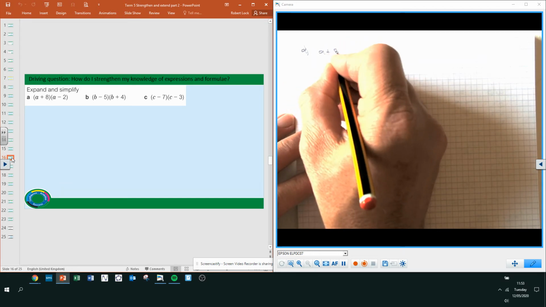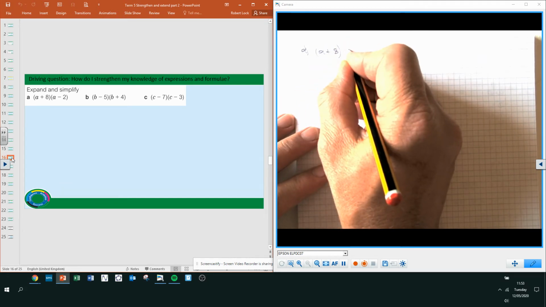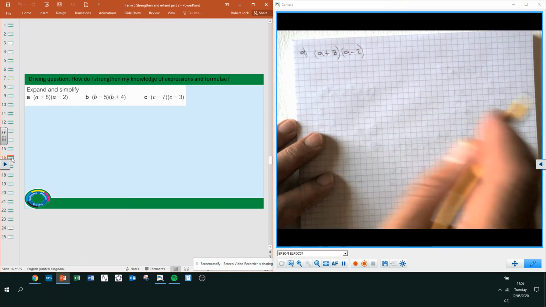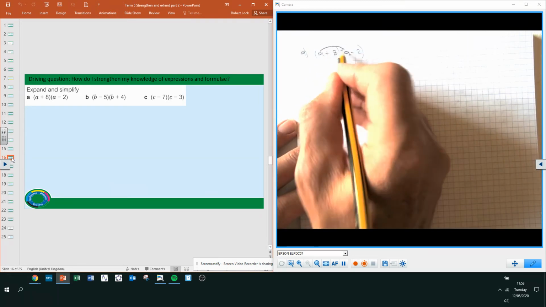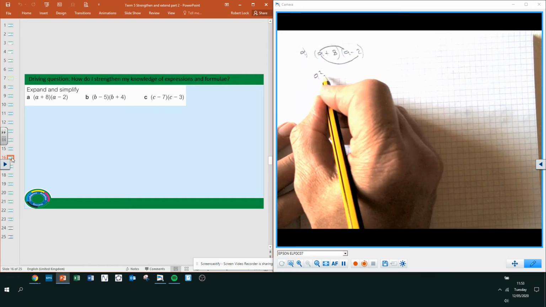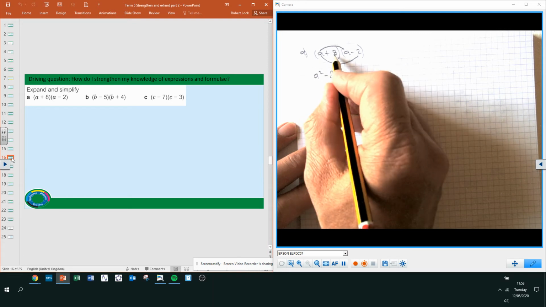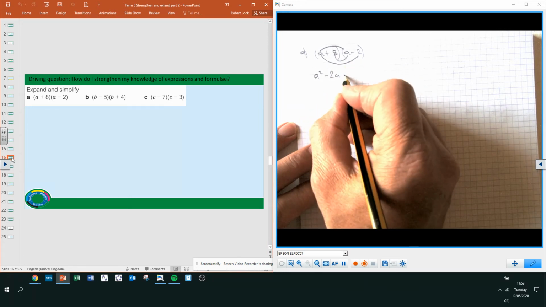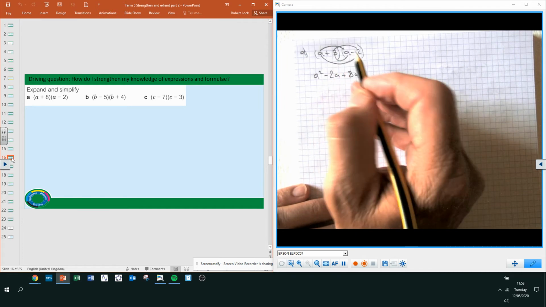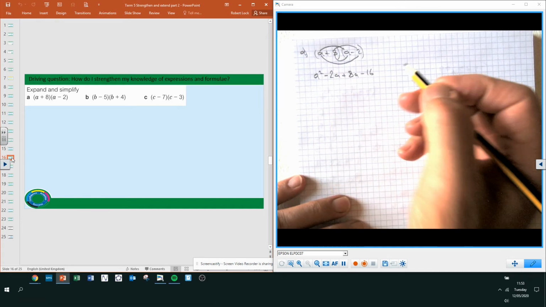A plus 8 and A minus 2. Multiplying out. A times A is A squared. A times minus 2 is minus 2A. 8 times A is plus 8A. And 8 times minus 2 is minus 16.